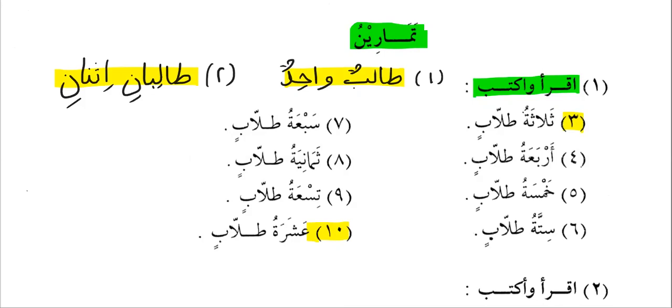So can anybody notice what changes? Yes, here the numbers come first. What else do you notice? مضاف مضاف إليه. First of all, the numbers come first, then the numbers from 3 to 10 become mudaf and mudaf ilayh. What else?